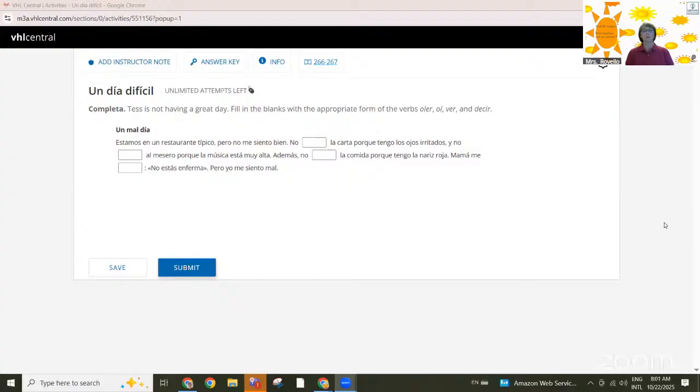What we're doing is I would like for you to list them. Number 1, number 2, number 3, number 4, and put your answer in. How would you conjugate the verb? Decide which verb. Are you going to use oler, oír, ver, or decir? And then you need to conjugate it correctly. What would be the correct form to fill in the blank? So you should give me 4 answers in the chat.